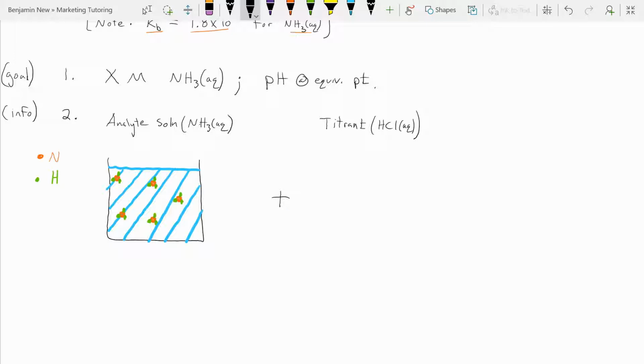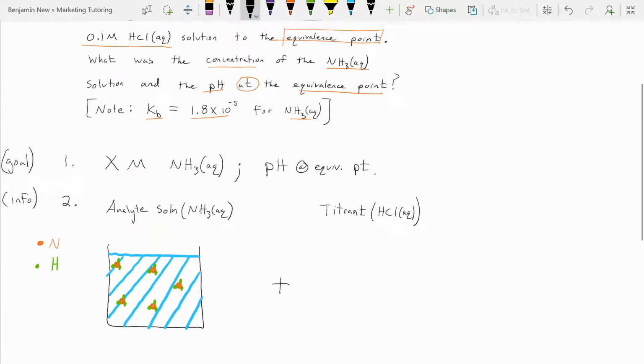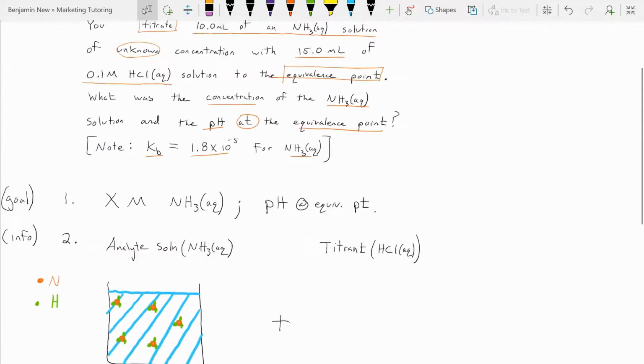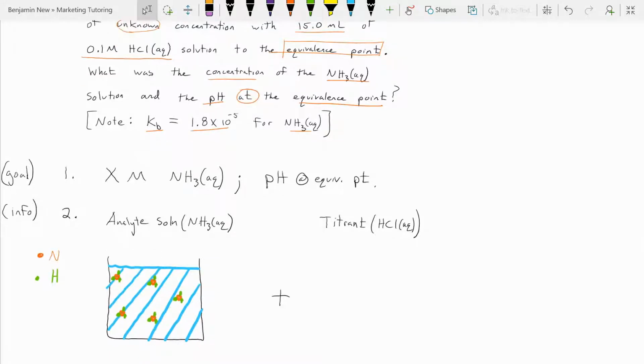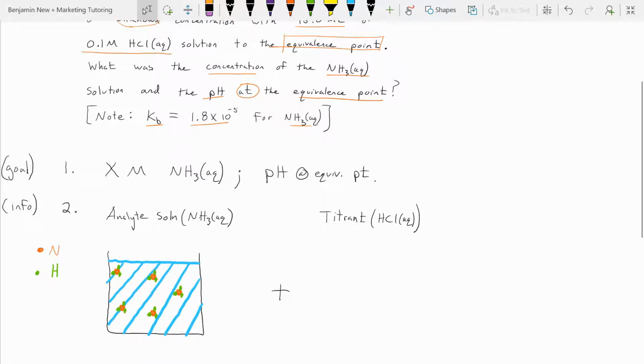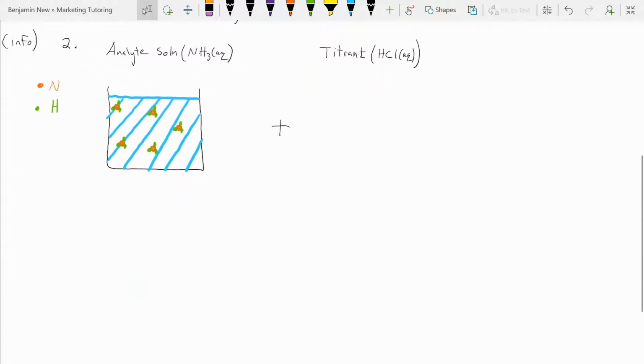And that one we can draw a similar picture. Actually, before we move on to that, let's write down the rest of the information relating to the starting ammonia solution. It says we have 10.0 mLs, milliliters, and we don't know the molarity.